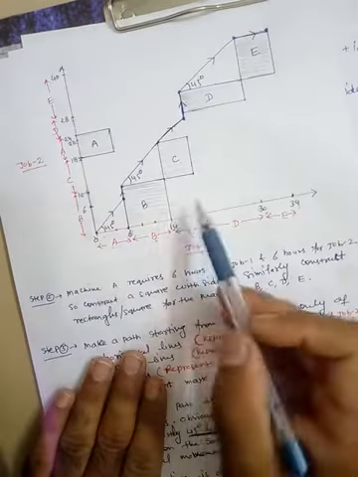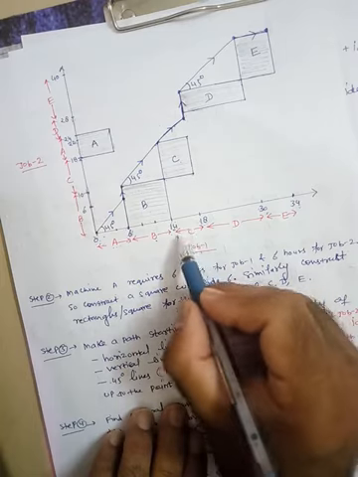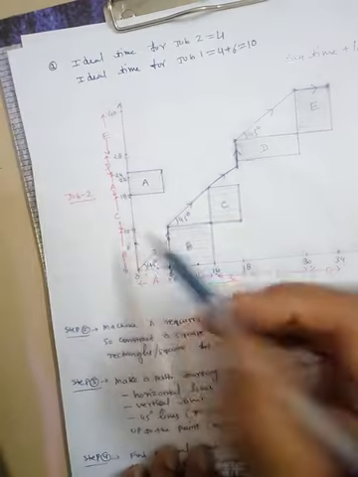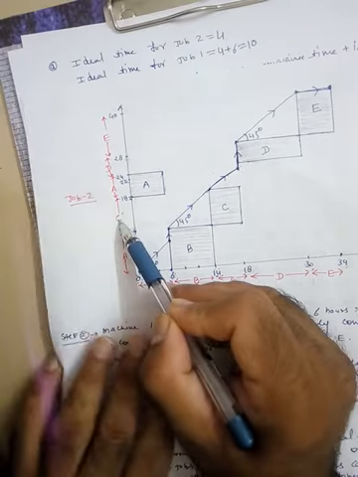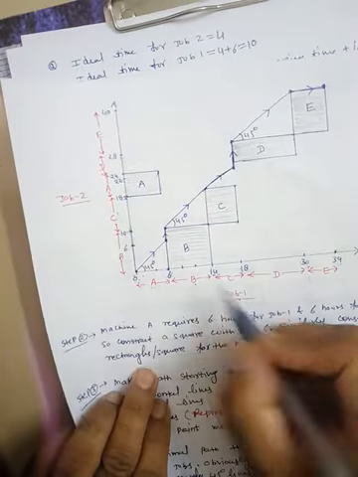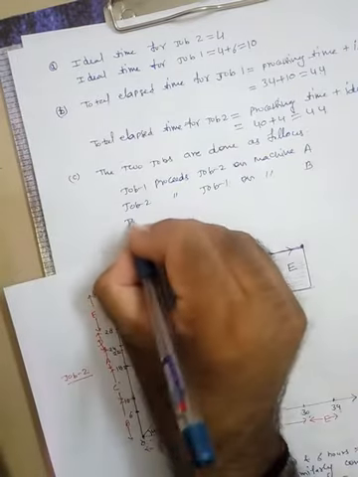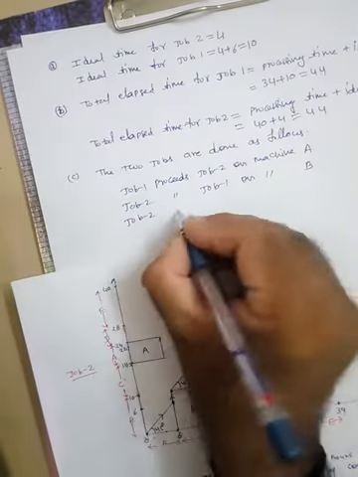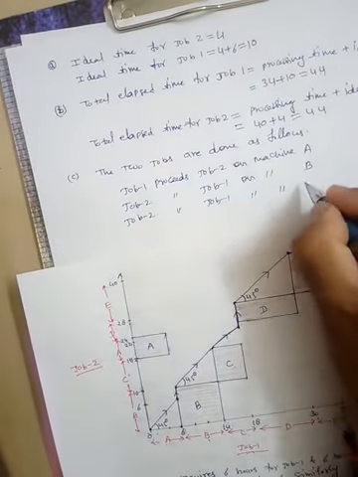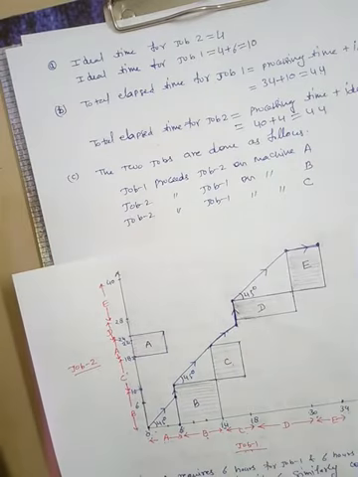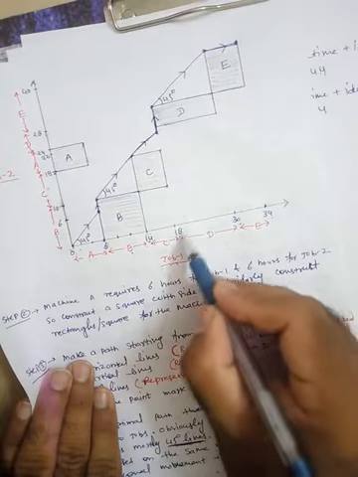Now see machine C. Here it starts from 14 and here it starts from 10. So obviously job 2 proceeds job 1 on machine C. Fine. Similarly D. D starts from 18.